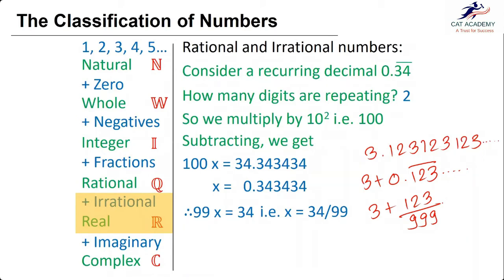The repeating part, you directly divide by 9 or 99 or 999, depending on the number of digits repeating. The other part you write down as it is and then add the two. Clear? So now you can cross multiply, add them, and get the net fraction. It will be 3120 upon 999. Is everyone with me?